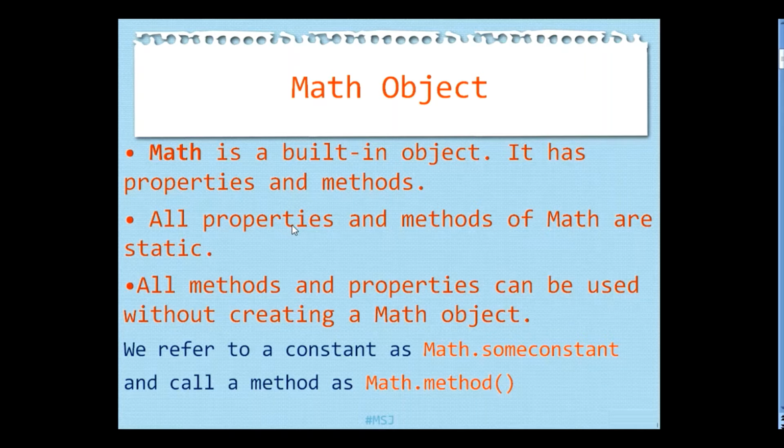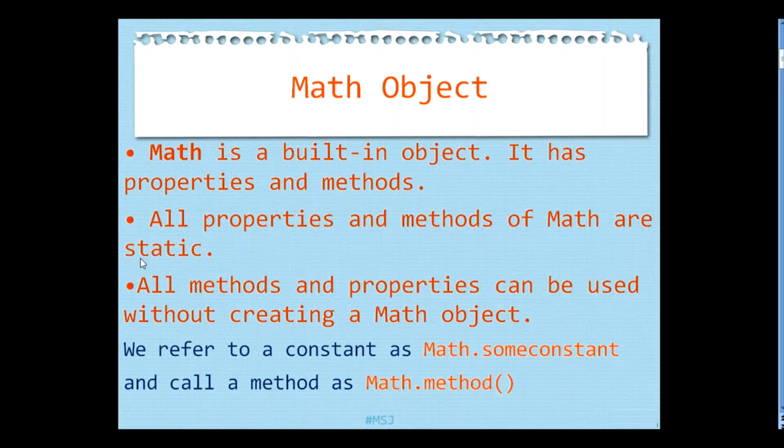All the properties and all the methods of this Math object are static. I think you know the importance of this static keyword. So it means all the methods and properties of this Math object can be used without creating a Math object.